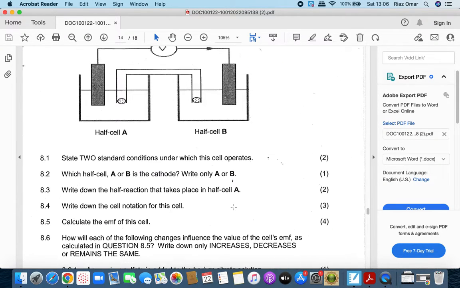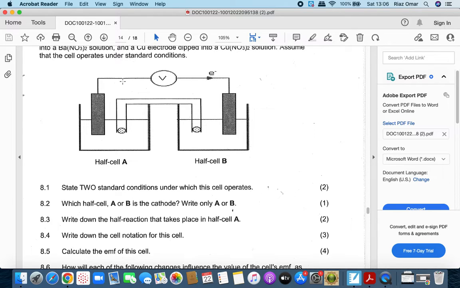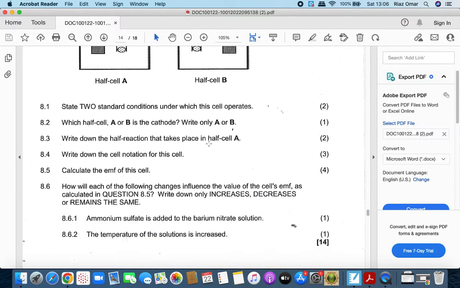If you increase the temperature of the solution, basically the whole solution, this is a cell that we use in our circuits, and that's going to increase the internal resistance. So the internal resistance increases because it gets hot. If a cell gets hot, the internal resistance increases, and then the voltage will decrease.